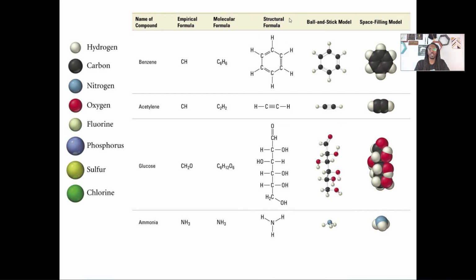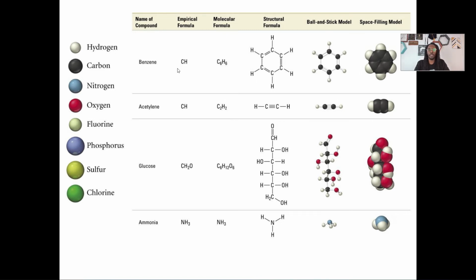With this structural formula, not only is it telling me what elements are there, carbon and hydrogen, and how many atoms I have of both my elements, 6 carbons and 6 hydrogens, but now this formula is also telling me how everything is connected together.